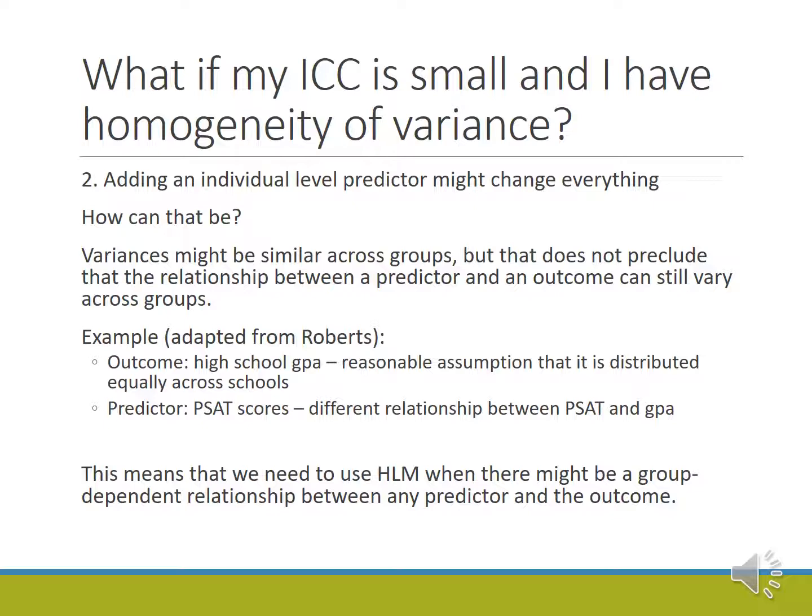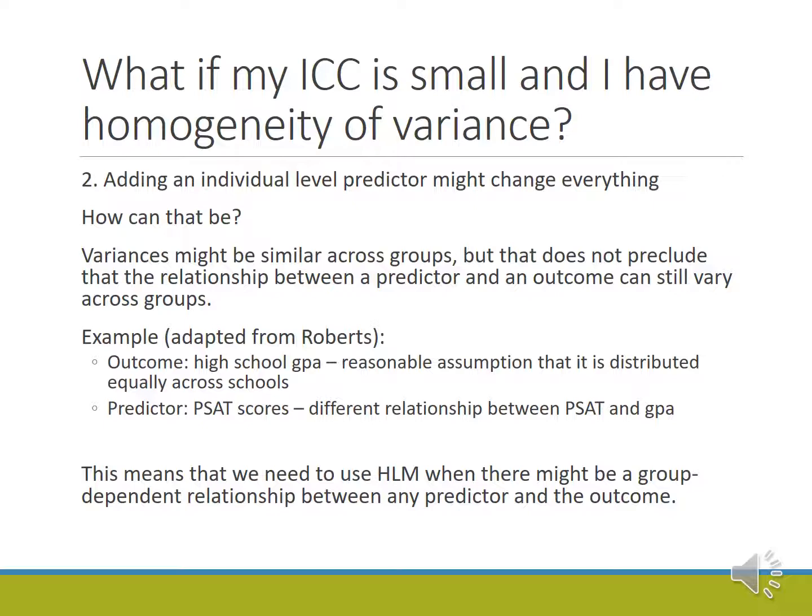Different schools have different distributions in PSAT scores. And this is many times due to a ceiling effect. If we're looking at higher performing schools, there will be a lower variance. If we're talking about mid-performing schools, there will be a higher variance, and the means will actually be different as well. So you will get in trouble again with running a regression.